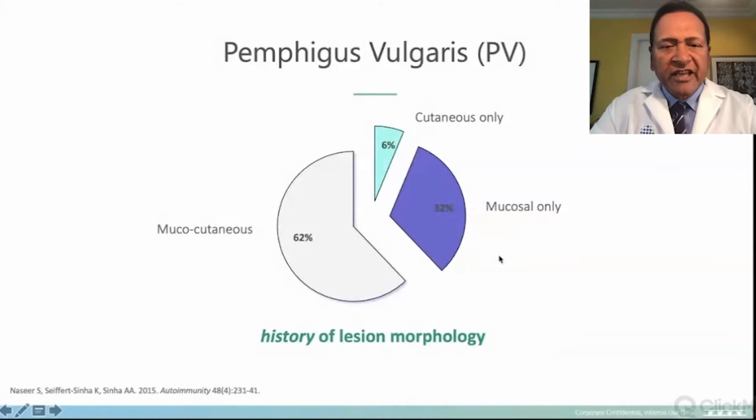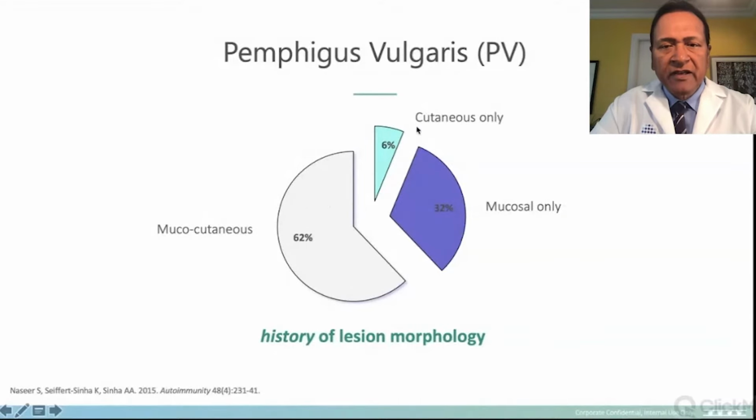So in terms of the presentation, about a third of patients present and have mucosal lesions only. About almost two-thirds have mucocutaneous lesions at some point in their history. So they have both oral or other mucosal surface lesions and then other non-mucosal cutaneous lesions.